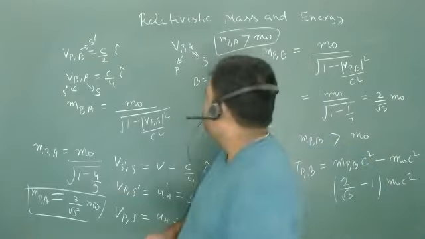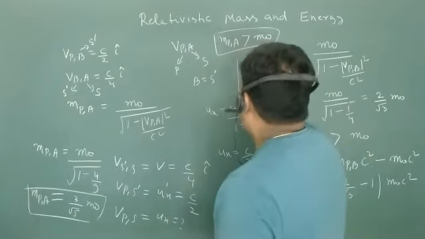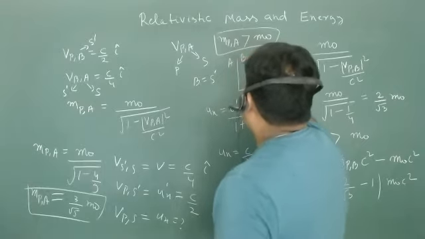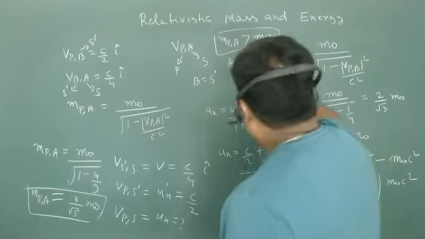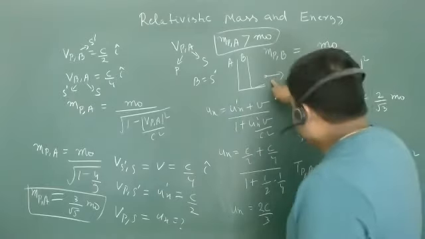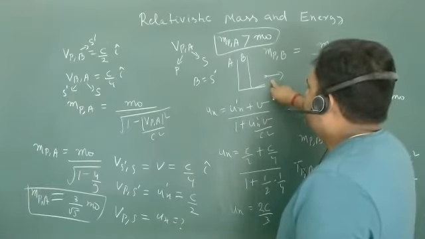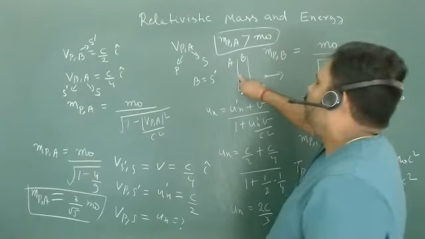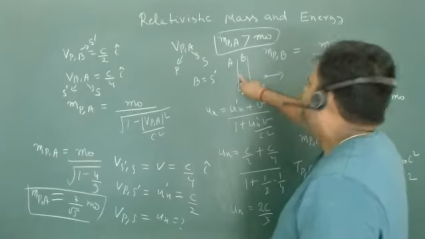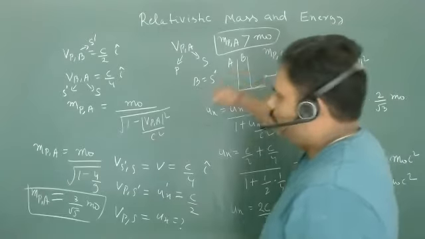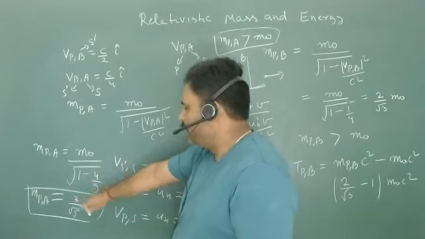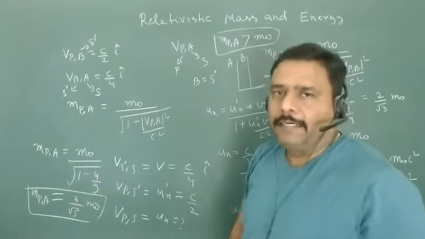Suppose I have this kind of situation. This is my A frame. This is my B frame, and here a mass is moving. If I want to measure the kinetic energy of this particular mass with respect to A, then obviously I have to go into A, and then I will measure the same thing we measured here. We measured the relativistic mass, then we can easily measure the kinetic energy.